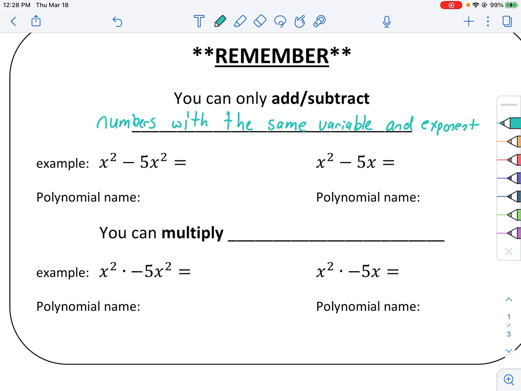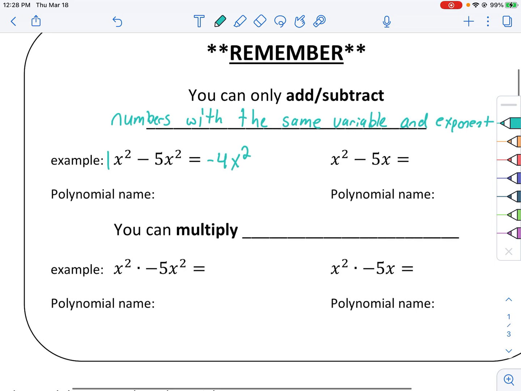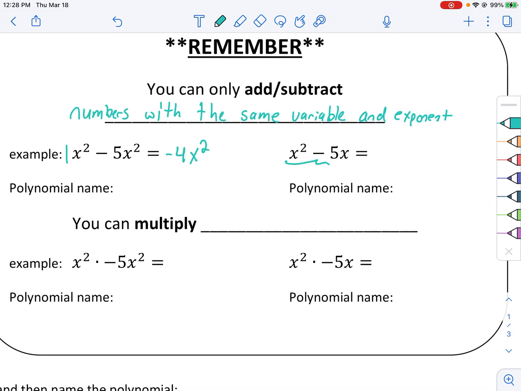For instance, x squared minus 5x squared. We can do that. This is 1 minus 5, which would give us negative 4, and then that x squared stays. But we cannot add and subtract x squared with just a 5x. So this would say x squared minus 5x.